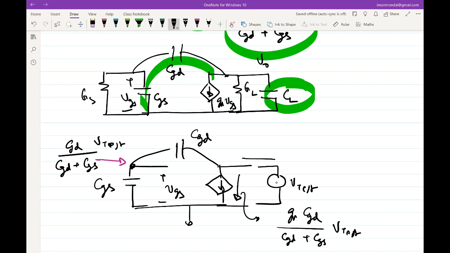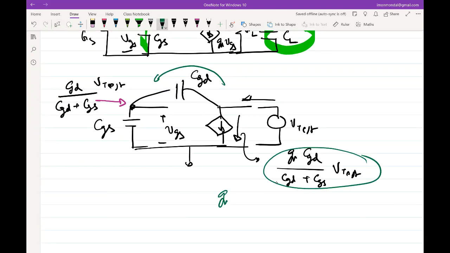This current will flow through V test. There will be some additional current also coming out, but that current will be capacitive, the current coming through the capacitor. However, the real, resistive current will be GM times CGD by CGD plus CGS times V test. So this is essentially the conductance that you see at the output side.